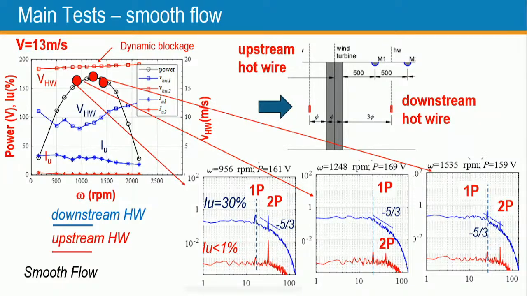We also recognize the Kolmogorov cascade in the downstream hot wire. And this diagram in the middle corresponds to the maximum power production. Here we do not recognize the frequency 1p anymore. It arises again once we proceed to another intermediate position of the power curves.